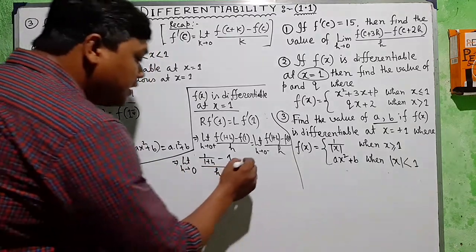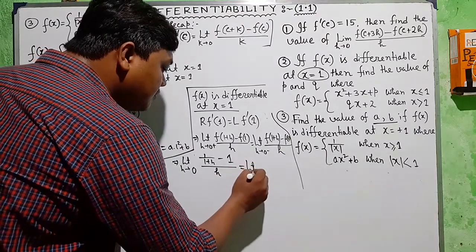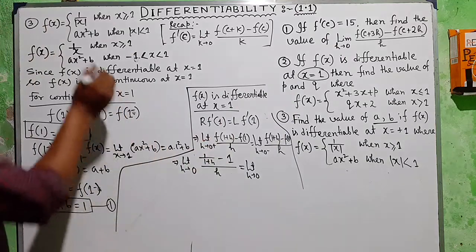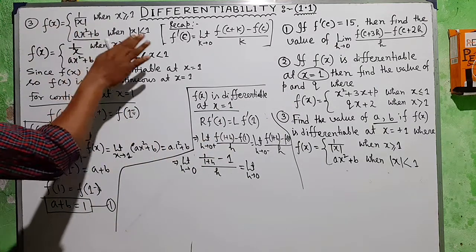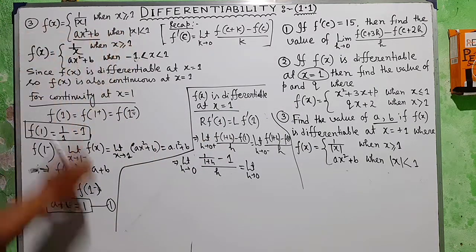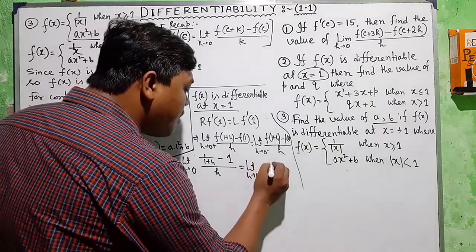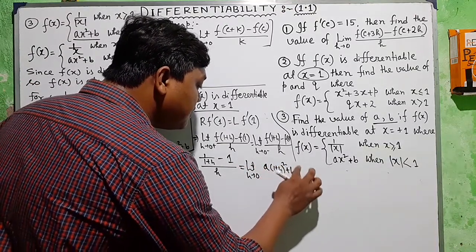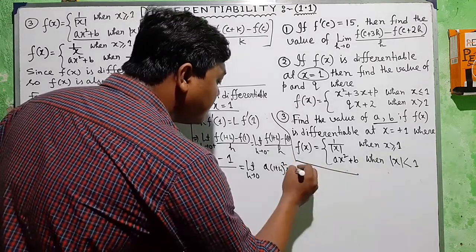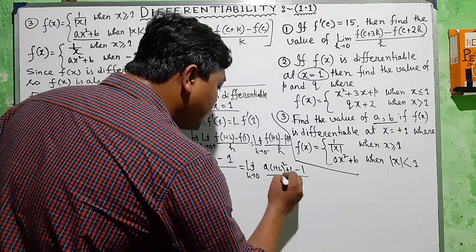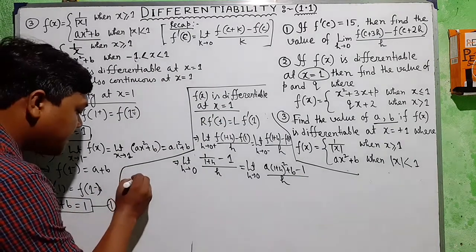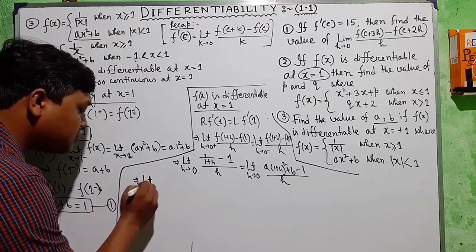And limit h tends to 0 minus, f(1+h) takes the function of this type. That means when less than 1, ax square plus b, so a into (1+h) whole square plus b minus 1 by h. Alright?